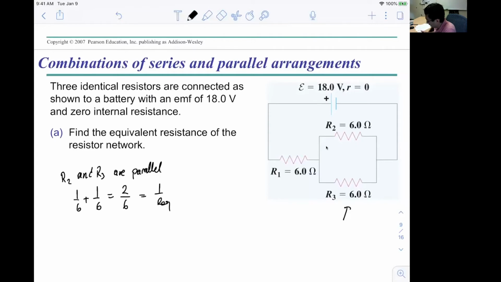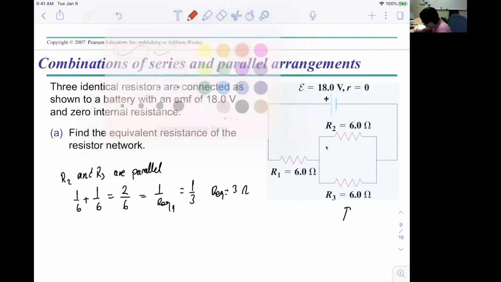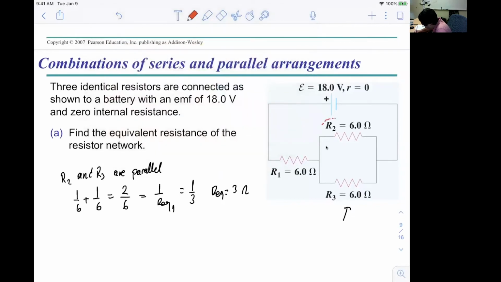This is like R equivalent 1, and that is 1 over 3, so 3 ohm. So this combination is 3 ohm.